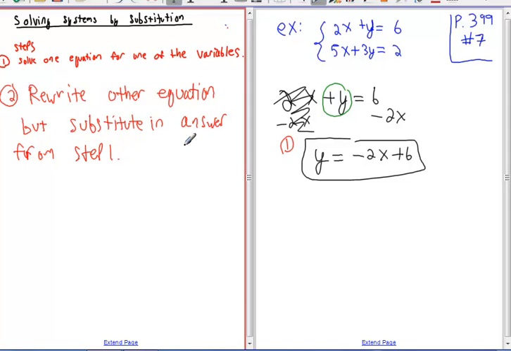Okay, a little lag on my pen here, sorry about that. What is the answer from step 1? We're going to substitute that in. This is the answer from step 1.